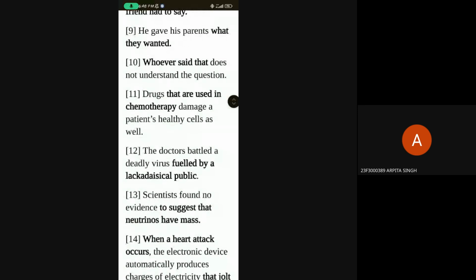Okay. Ninth one: he gave his parents what they wanted. Adverbial. Why is it adverbial? I'm not saying it is right or wrong, I'm just asking why it is adverbial. Okay, so for this now, you'll have to focus.